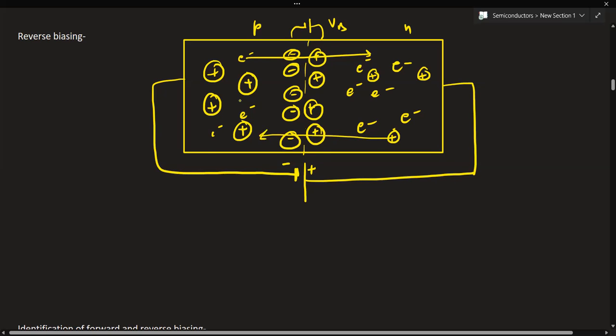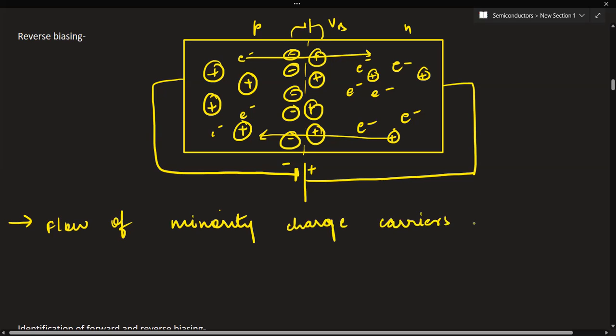Now see, electrons are moving from P to N and holes are moving from N to P. So what kind of charges are moving? Minority. Minority charge carriers are moving across the junction.